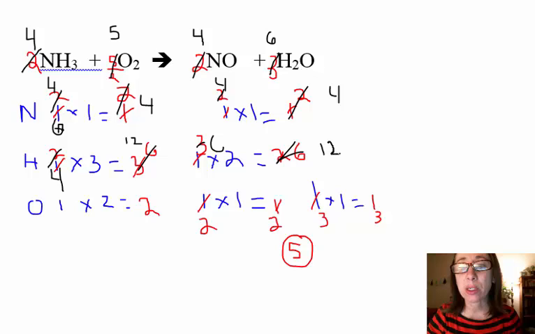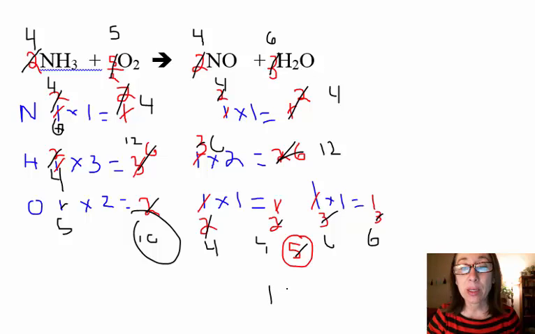So my hydrogens are balanced. My oxygen, 5 times 2 gives me a total of 10. And when I look at my oxygen on the product side, 4 times 1 is 4, and 6 times 1 is 6. So 6 plus 4 gives me a total of 10. So my equation is balanced.